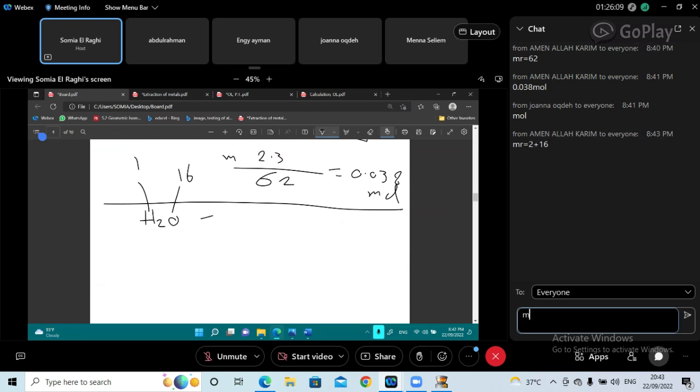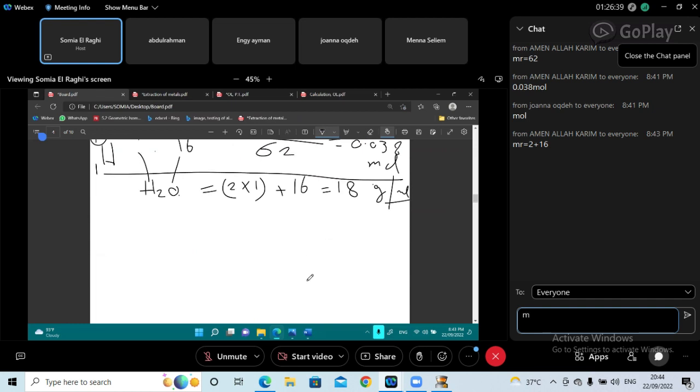So I have 2 hydrogen atoms, so 2 times 1 from the periodic table. Hydrogen has atomic mass 1. Oxygen is just 1 atom, so you add 16. Please show your work in the exam. You may write down a unit, which is gram per mole, if they ask. But they will not reduce marks if you don't write a unit in this case.